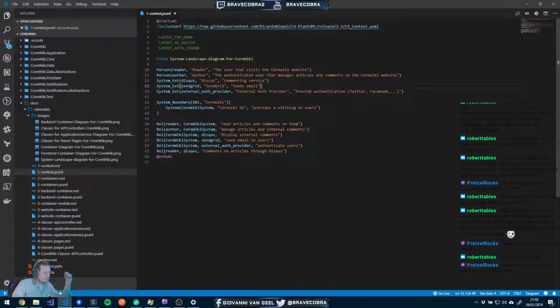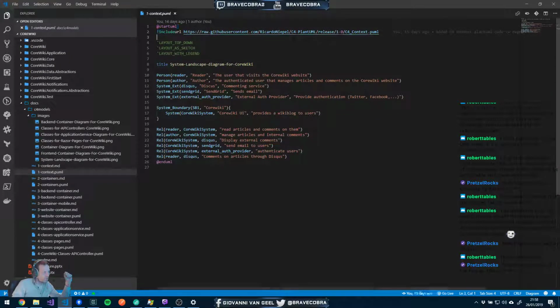So what you do is you include this URL of his Git repo, and then you can go describe the system like you have a person, you have an external system, you have a system which is within a certain boundary, and then you have relations between all those different parts, right?